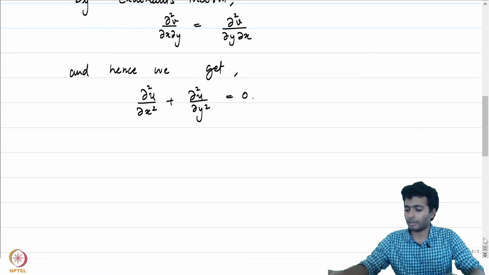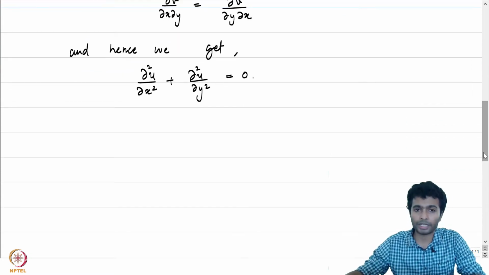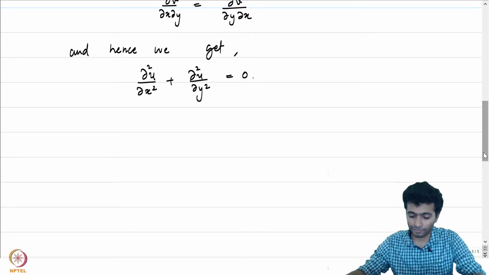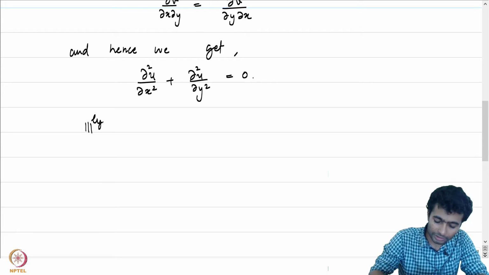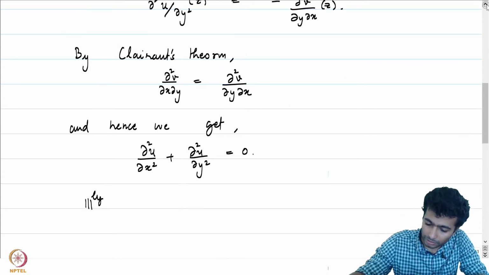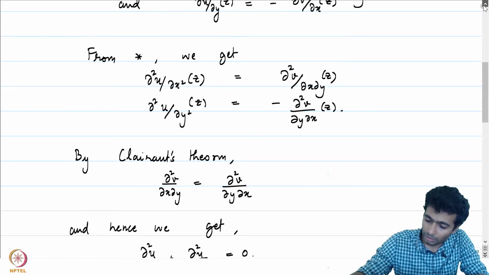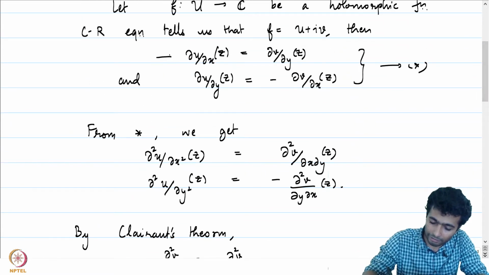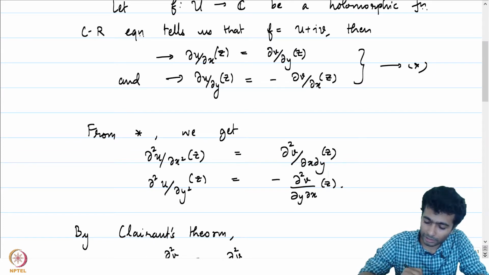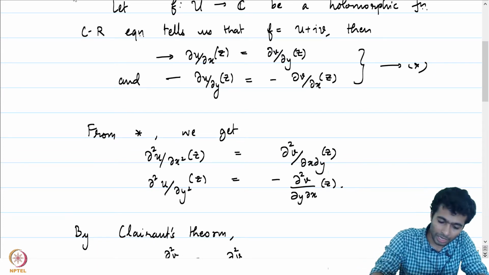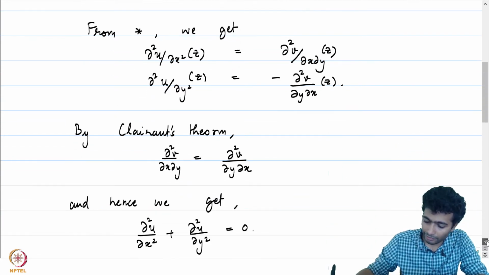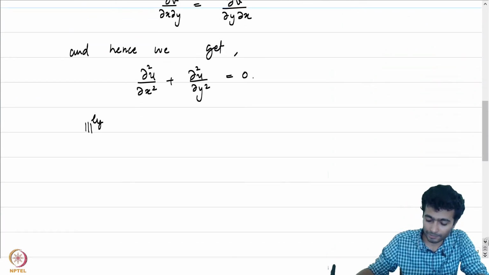A similar conclusion can be drawn about the imaginary part of the holomorphic function f. Similarly, by just considering the other derivative, you just have to consider the y derivative here and the partial derivative with respect to x here. And by a very similar argument, you can also conclude that v also satisfies a very similar condition.